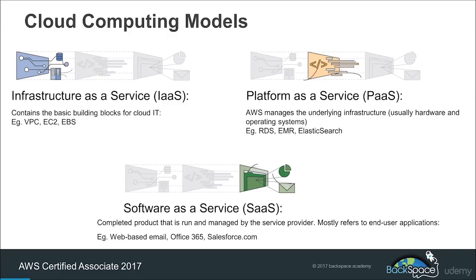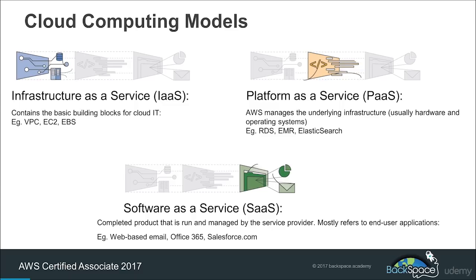Or you could use something like the RDS platform as a service. The Relational Database Service, or RDS, will take care of the basic building blocks. It'll take care of the Linux operating system. It'll take care of the EC2 instances. And you really just need to worry about the database itself.